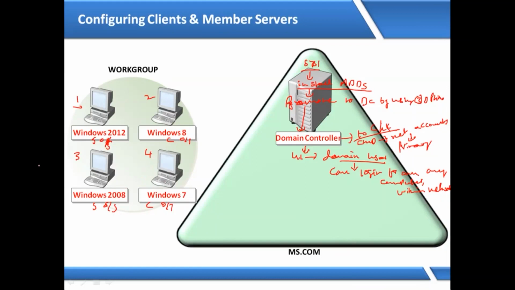When the machines are in the workgroup, if you create a user, that user is called a local user. Local user means that from the machine in which the user is created, only from that machine can that user log in, not from the other machine. If you want that user to log in from another machine, make the changes.